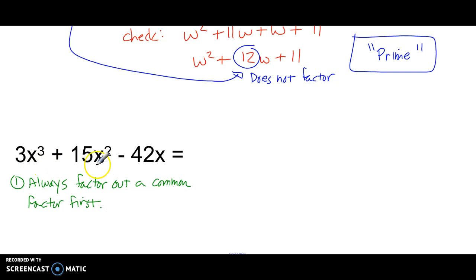So from this thing, if you look through here, there's a common factor of 3 and a common factor of x, and that leaves x squared plus 5x minus 14. And then after you've pulled out a common factor, the pieces you have left may factor further.